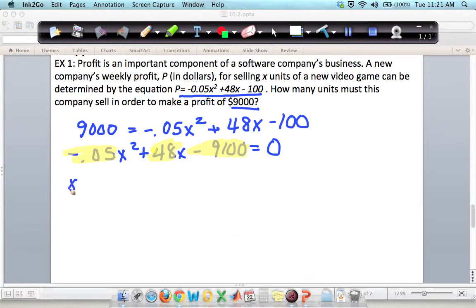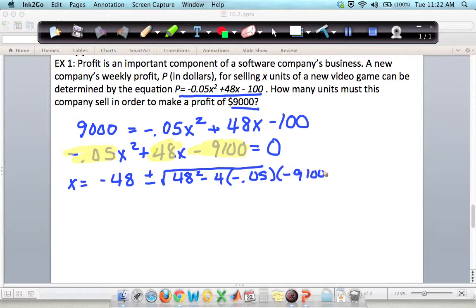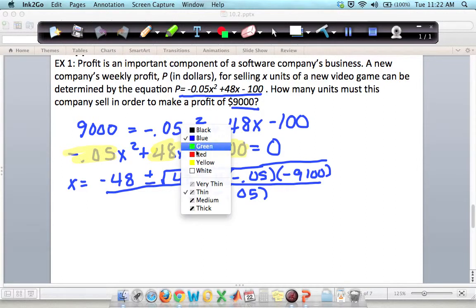So -b, so -48, plus or minus the square root of 48 squared minus 4 times -0.05 times -9100, all over 2 times A. So I want you to put this into your calculator all at once.